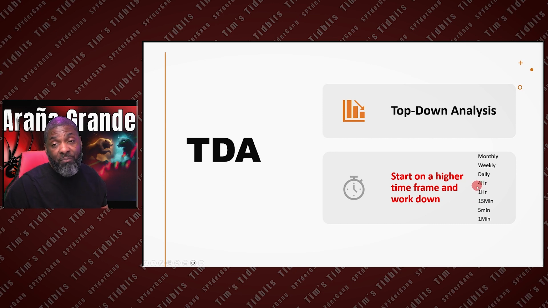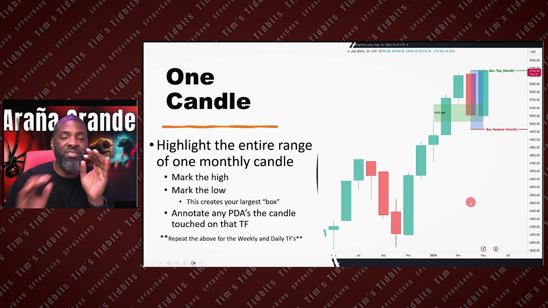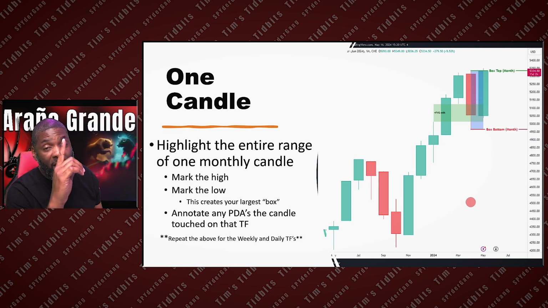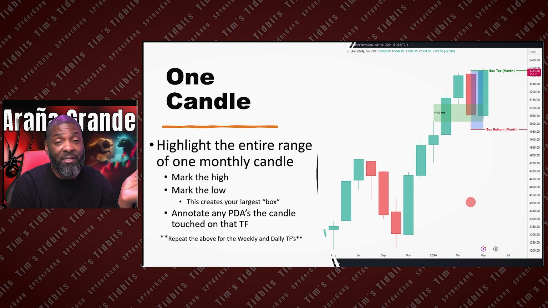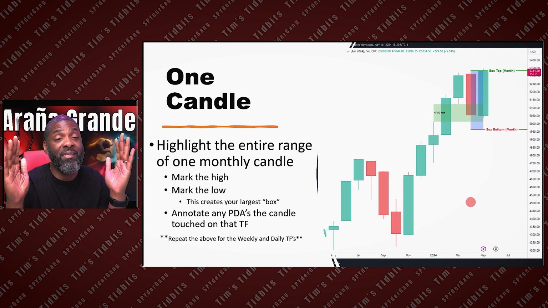Now, you want to study price starting at the higher time frame, one candle at a time. Tim, what is one candle going to do for me? Because when you're on the higher time frames, like a monthly, that one candle encompasses probably 30 days.